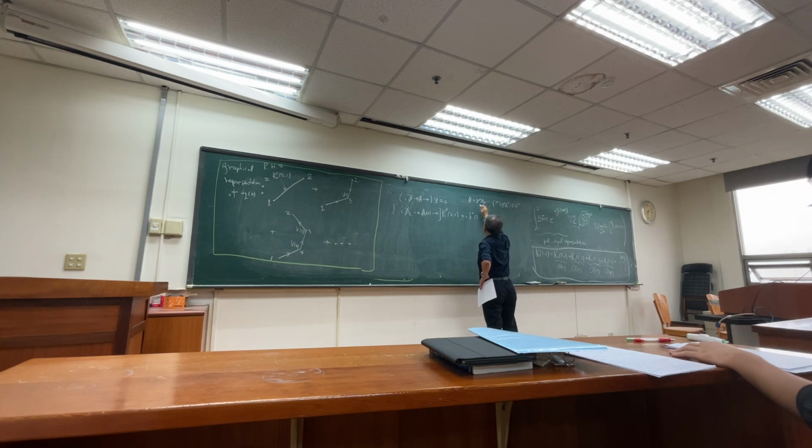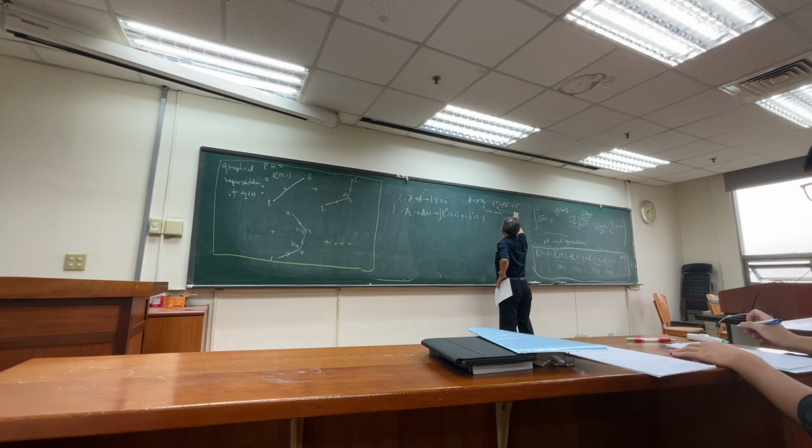So this is the full vector, and this is the field strength density.